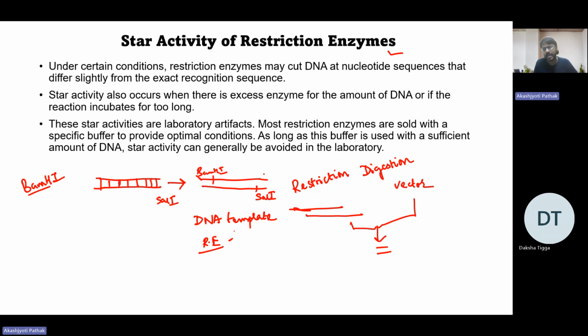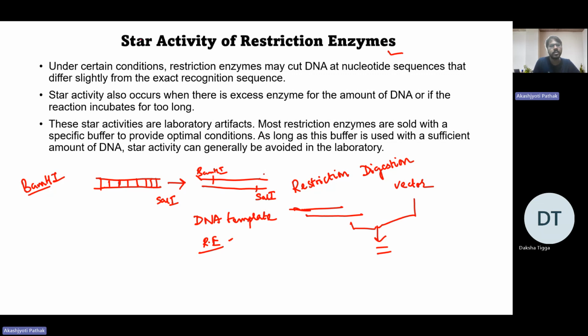Once it has cleaved at a particular site and is not finding any recognition sequence to cause the cut, then it can cleave anywhere in the DNA sequence, and you will not have your required DNA sequence with those restriction sites.